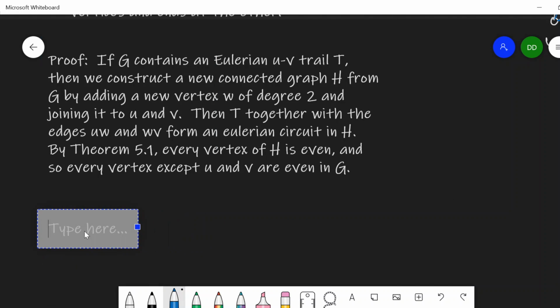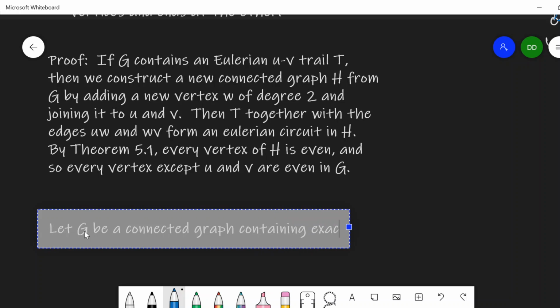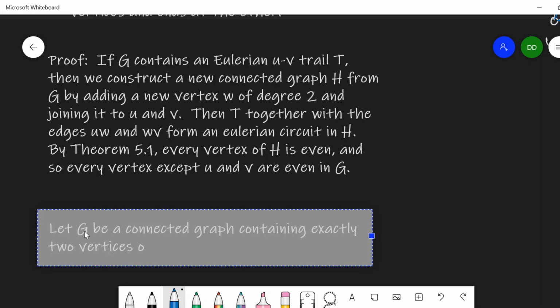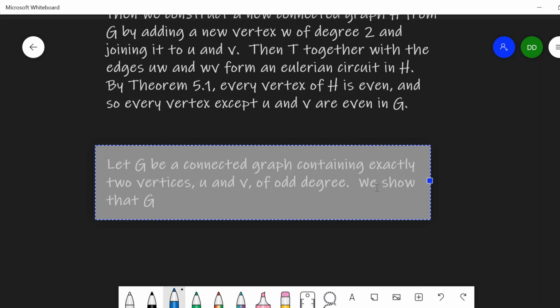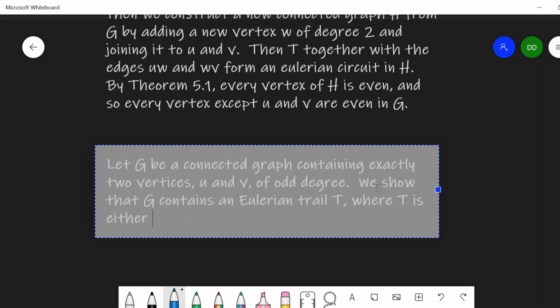Again, we use the same construction. So let G be a connected graph containing exactly two vertices, let's call them U and V, of odd degree. And we'll show that G has an Eulerian UV trail, a UV or VU trail.